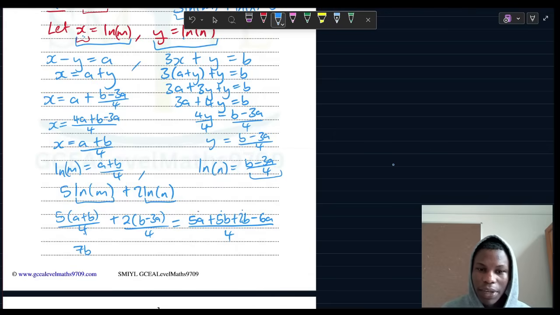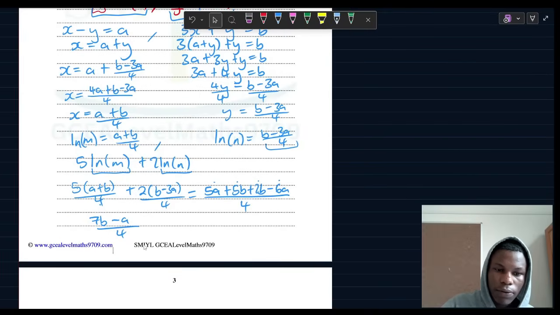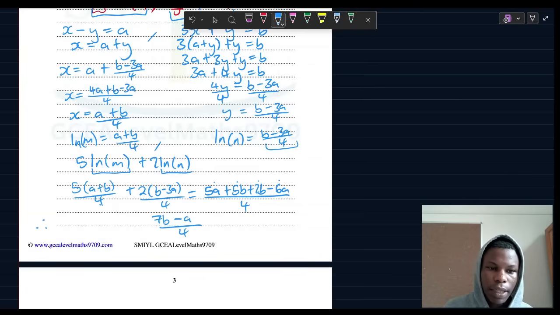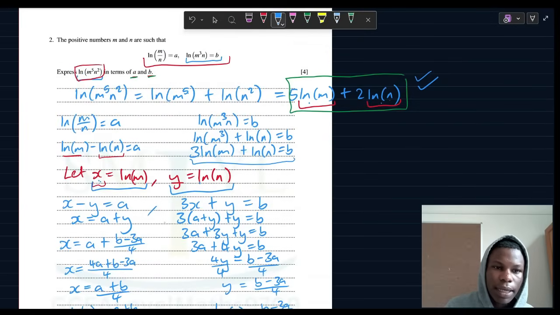Then we've got 5a minus 6a, that gives us minus a. And this is all being divided by 4. And so we can conclude that finally, therefore, the natural logarithm of, what was it?